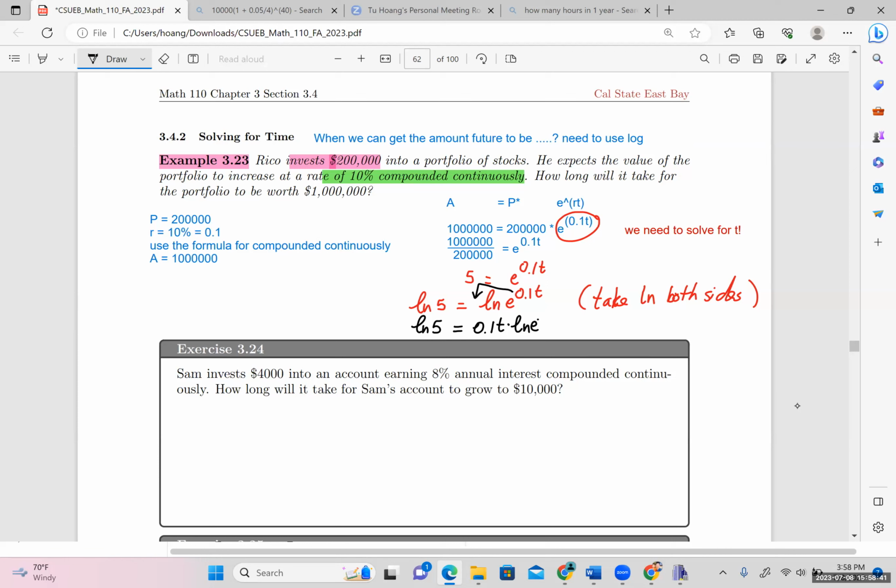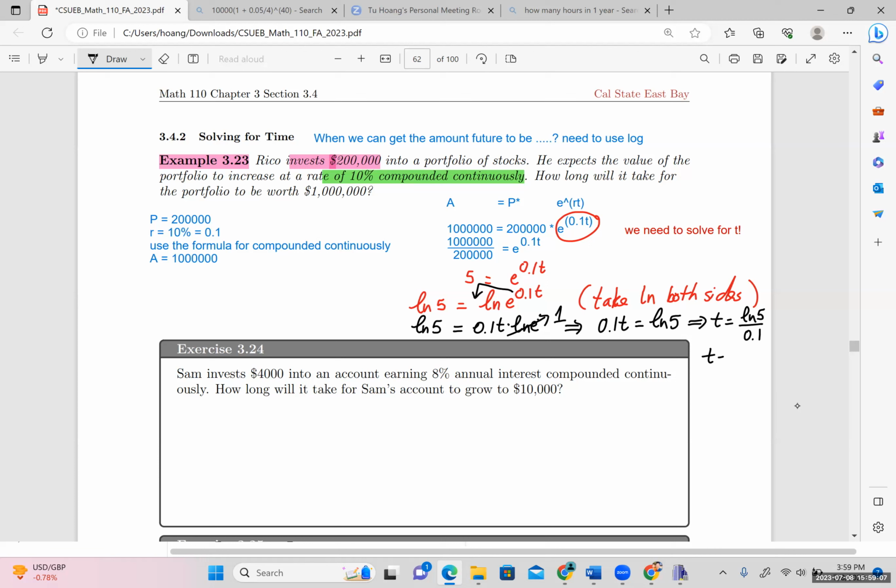Everyone should know that, right? This guy is number 1. So you will get what? 0.1 t equal to ln 5, right? Okay. And you will have t equal to ln 5 divided by 0.1.